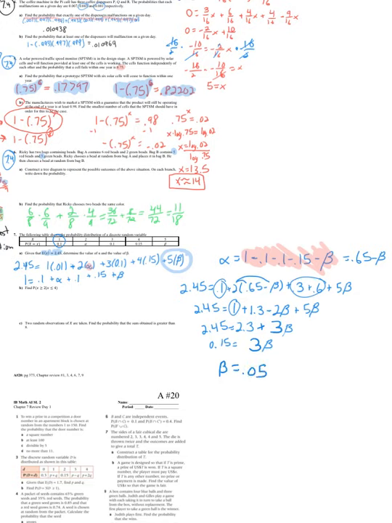And now I just go back in and plug in 0.05 for beta up here, and I can figure out what alpha is going to equal, which should be 0.6. All right, and that's what this problem looks like here.